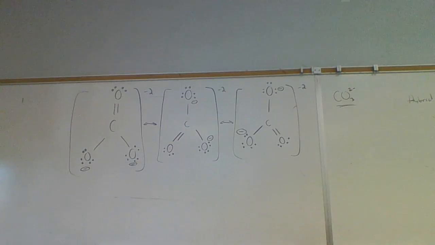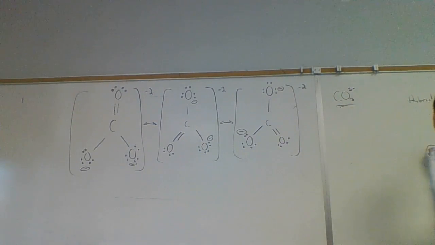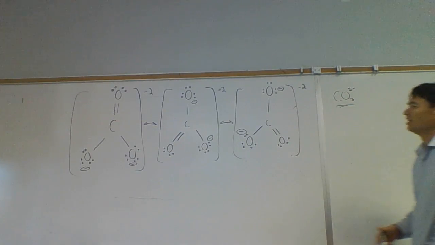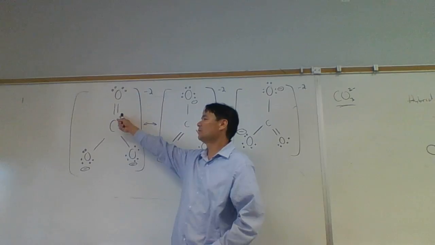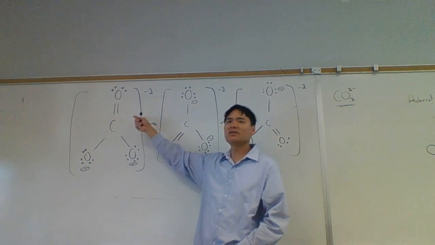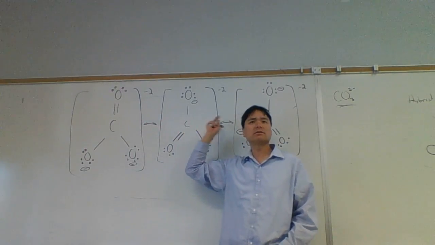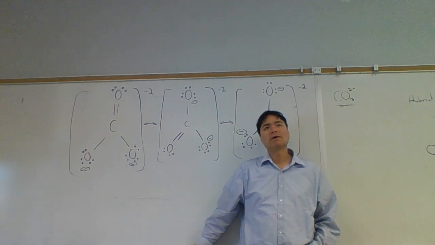How to draw the hybrid structure is like this. We just average. And so just take a look at the top bond here. It's double, single, single. So what's the average? Well, is it 1.5?